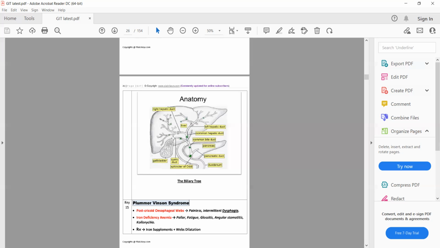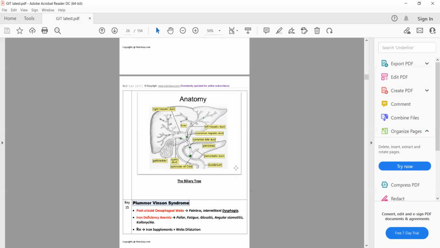Usually when the stone is impacted in the neck of the gallbladder, it results in inflammation of the gallbladder and causes cholecystitis, and the patient feels pain in the right hypochondrium. So that's why we need to operate for symptomatic gallstones, because if the gallbladder is not removed, the patient's symptoms will remain persistent.